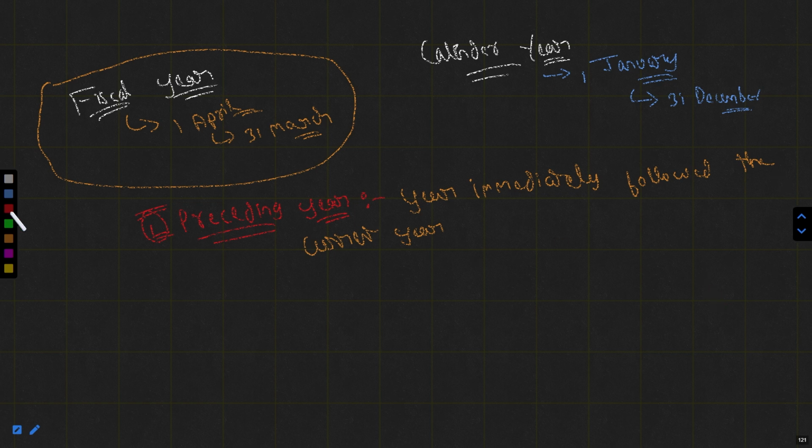For example, suppose this year is 2024. That will be your current year. So the immediately preceding year would be 2023.